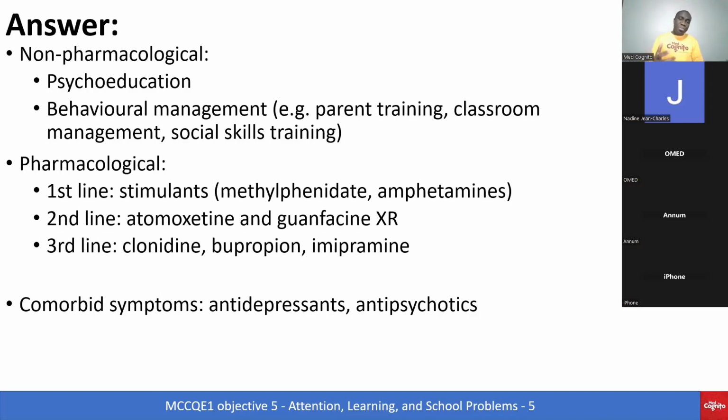Clonidine, bupropion, imipramine. Now, at times, that child with ADHD we learned may have anxiety, may have some other psychiatric conditions. So if the child has ADHD plus anxiety, then you can give them some anxiolytics or antidepressants. And if they have ADHD with some psychotic features, you can also give them antipsychotics.